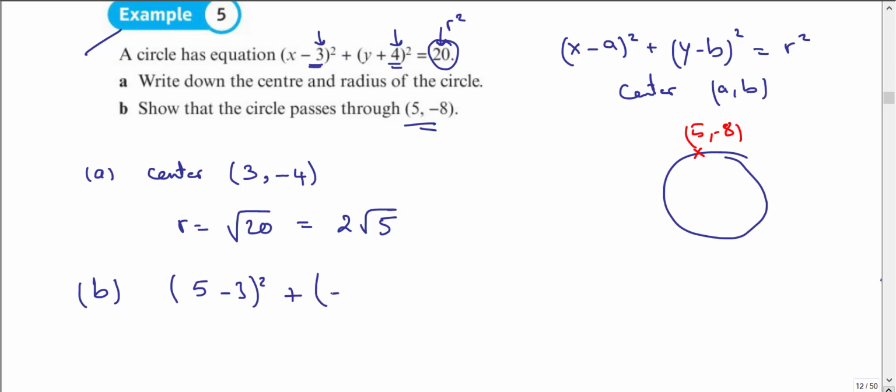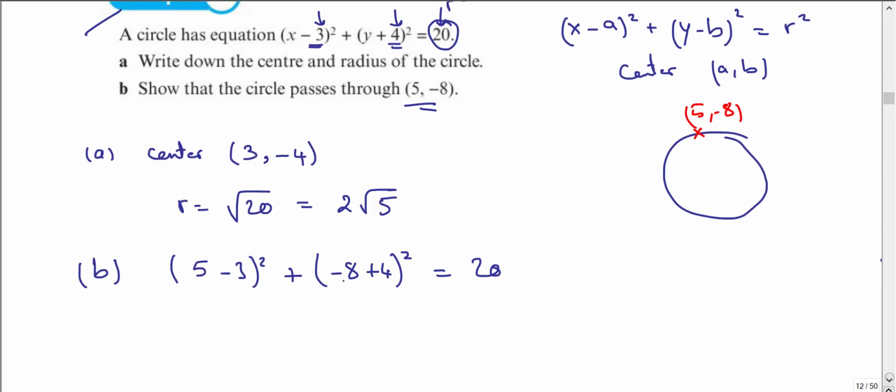Replace y with negative 8, so negative 8 plus 4 all power 2 equals 20. Now simplify and check if it is 20. This is 2 power 2. Are you here? Yeah. Minus 8 plus 4, that's negative 4 all power 2.